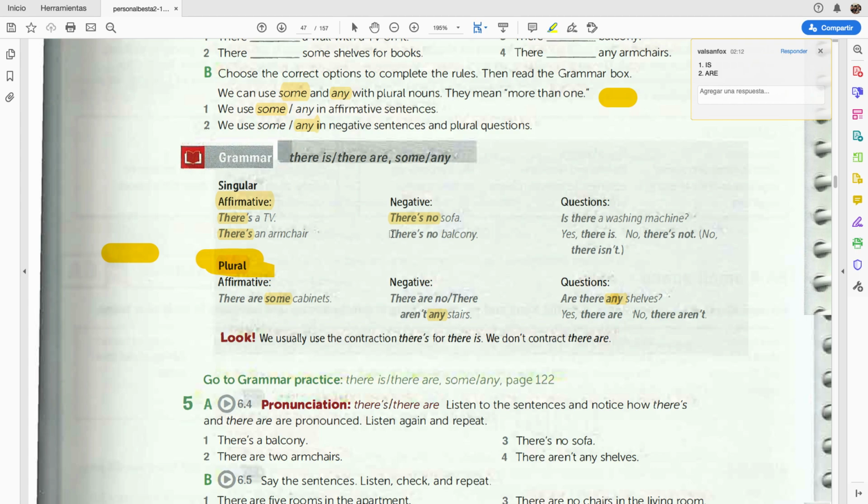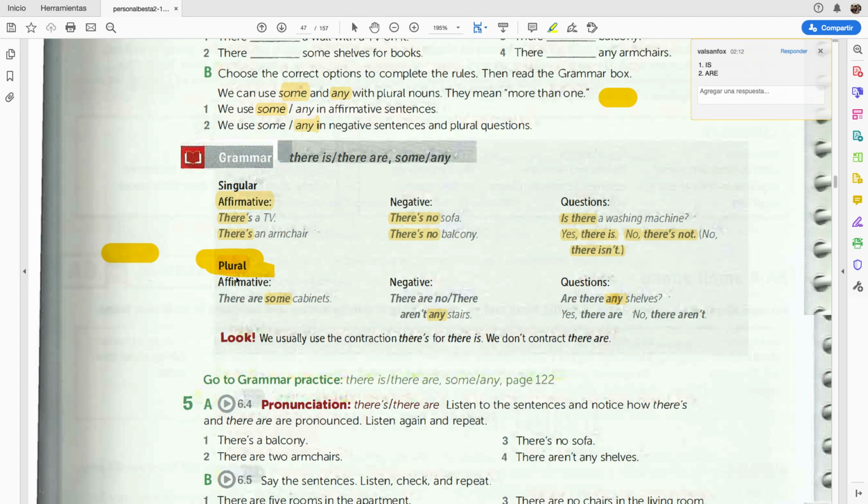There's no balcony or there isn't a balcony. And here in the question form, we just change the position. Is there a washing machine? Yes, there is. Is there a washing machine? No, there isn't.